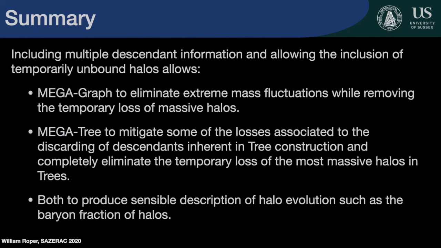They eliminate extreme mass fluctuations and remove the temporary loss of massive halos, well, Mega does, due to this relaxed condition on the halo's reality condition. And we then take the information that we encode into our graphs and vastly improve the trees that we pull out of it. Although they are not perfect, due to being able to encode this multiple descendant information, they vastly improve on not using that information at all.